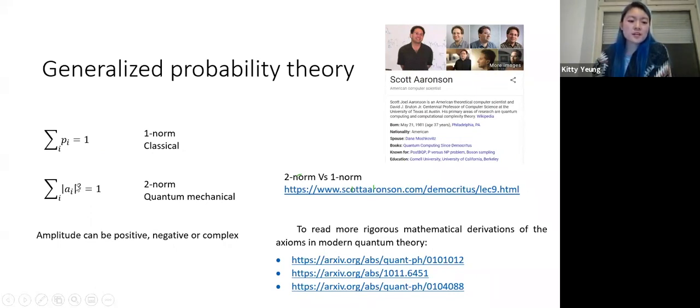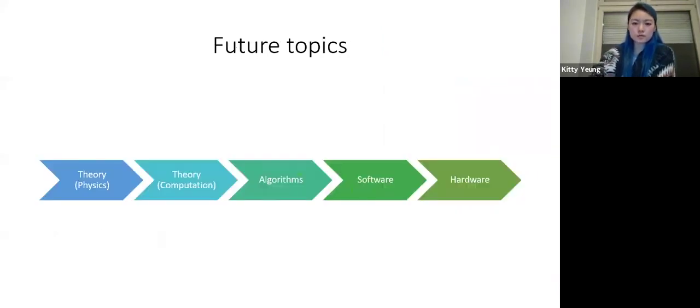But then amplitude squared equal to 1 is the actual quantum mechanical mechanism that goes around in quantum systems. And that's how our world behaves. We can always ask why that is the case, but really our world behaves in the amplitude squared equal to 1 way. If you want to read some literature, there are some links here in the slides you can go into. It is more mathematical.